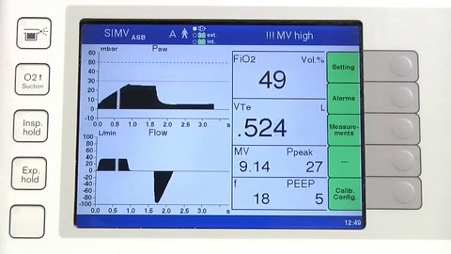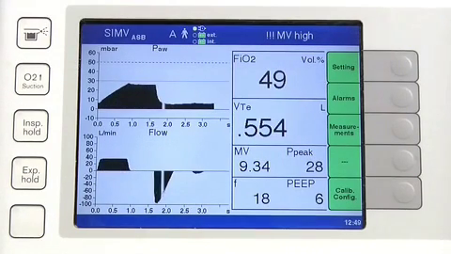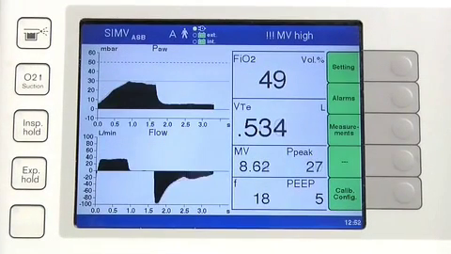Flow waveforms are good at indicating insufficient inspiration and expiration times by not returning to zero after initial inspiration or expiration. We can demonstrate this on the ventilator. I have frozen the screen to demonstrate this.